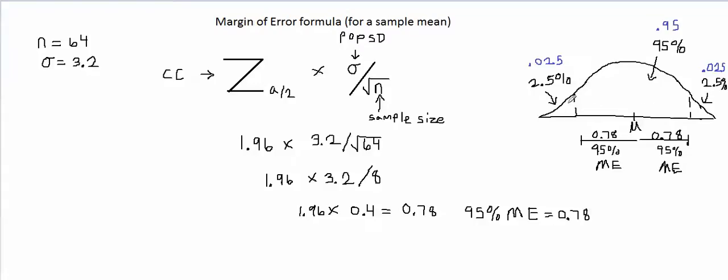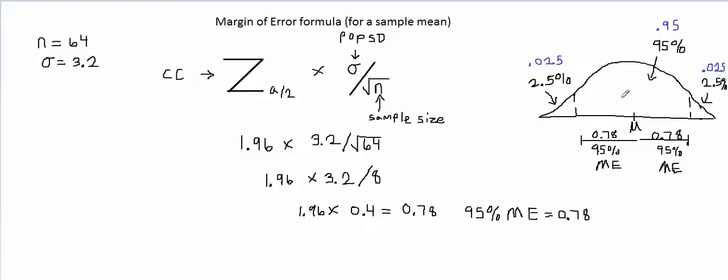So let's recap what we just figured out. We figured out that we have these three areas. This area down here is more than 0.78 below the population mean.